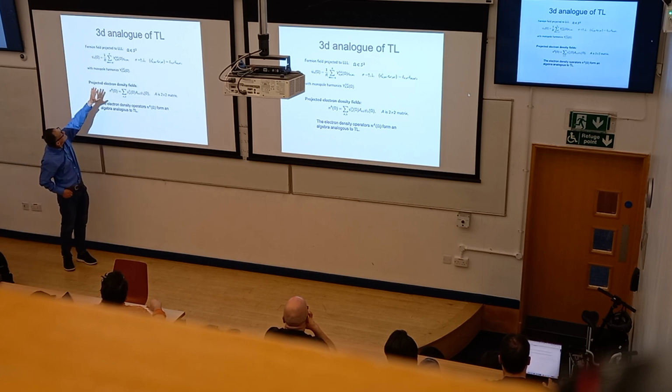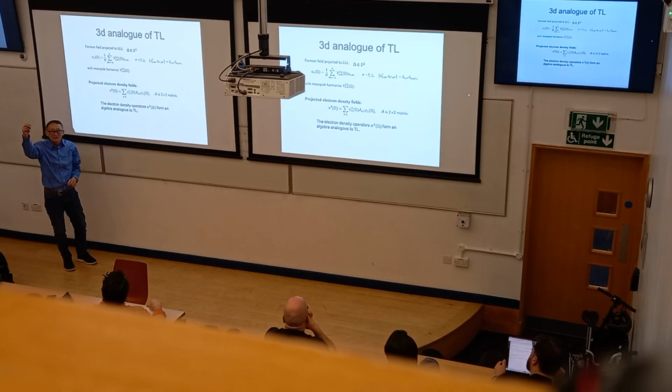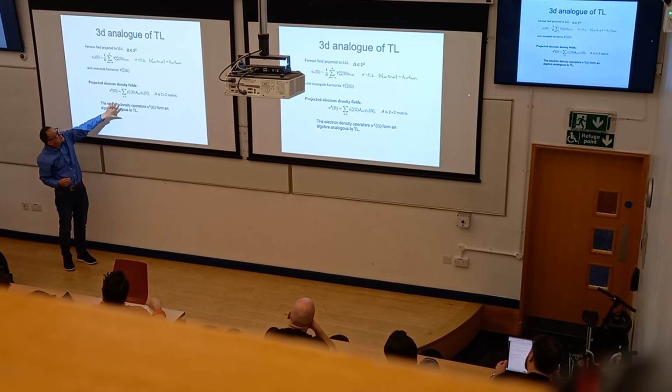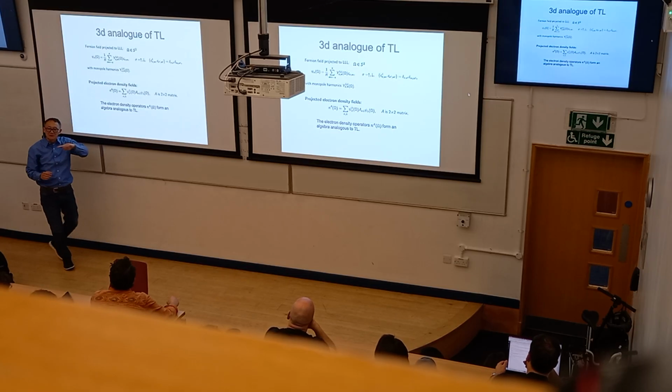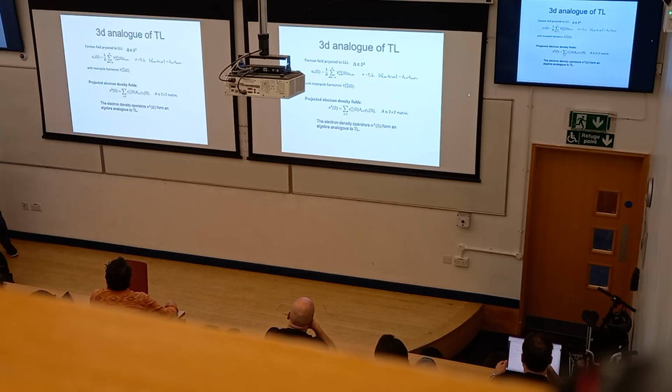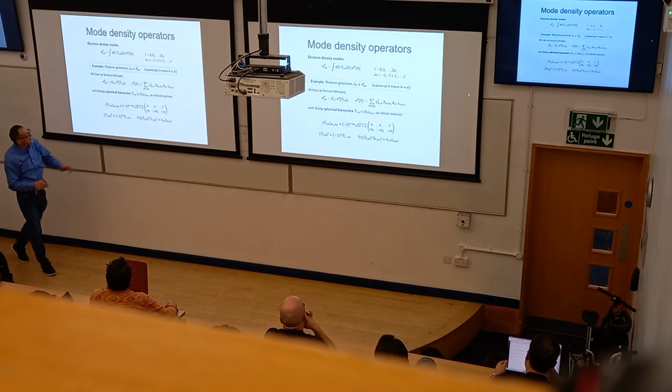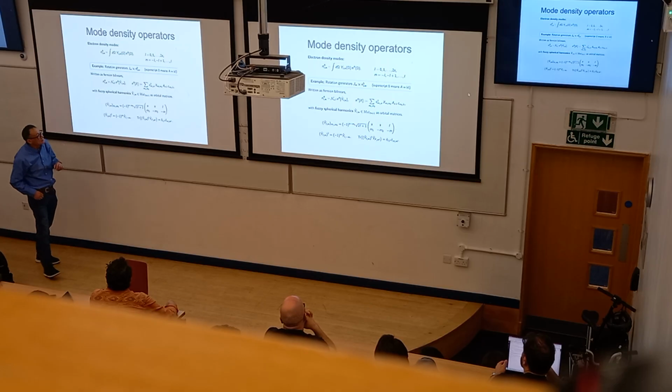If you write down the projected electron field on the two-sphere, projected to the lowest Landau level, that forms some algebra that's very much like a Temperley-Lieb algebra. But it turns out this is hard to work with, so I want to go to momentum space, and that's what we did in the paper with Louisa.